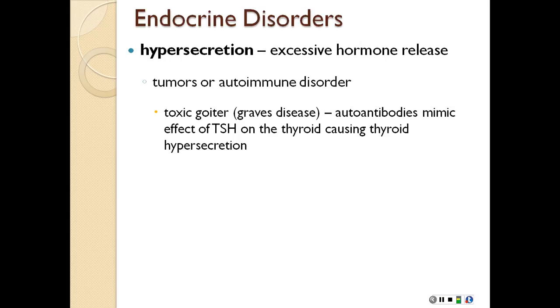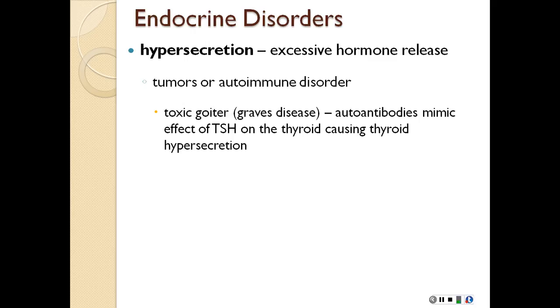So we know our antibodies are supposed to do what? Right, protect us from foreign invaders. Okay? But when those antibodies turn on our own body, it's called an autoimmune disorder, and that's not good. So here, the autoantibodies are not really damaging anything, but they are confusing the thyroid gland.